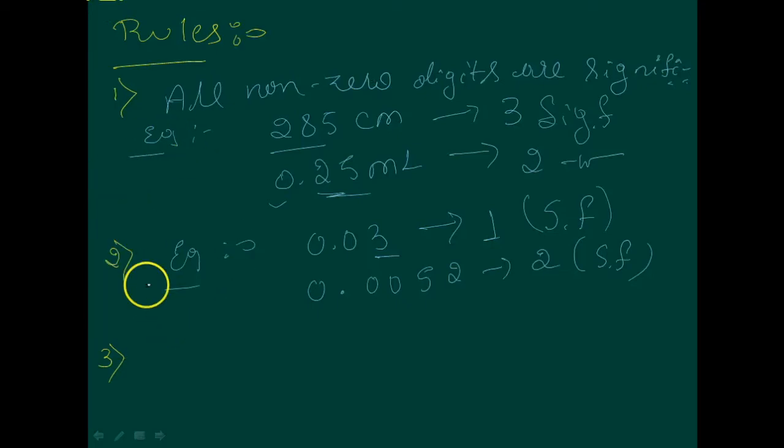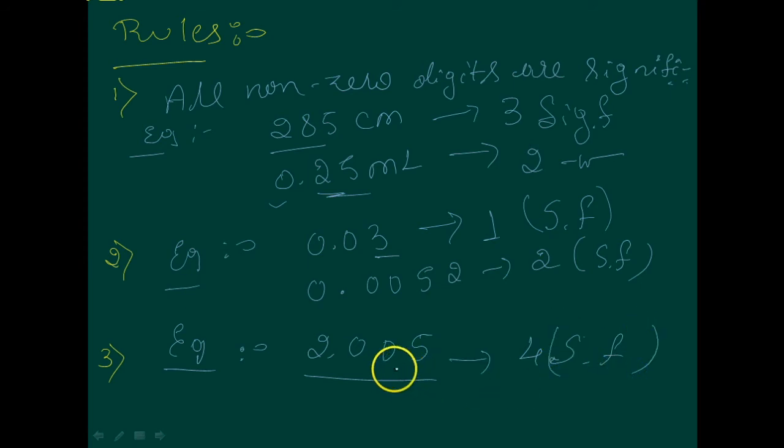Example: 2.005 has 4 significant figures. Why is it 4 significant figures? Because there are two non-zero digits, and in between them the zeros are coming.